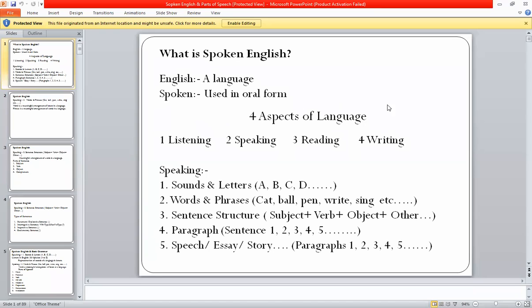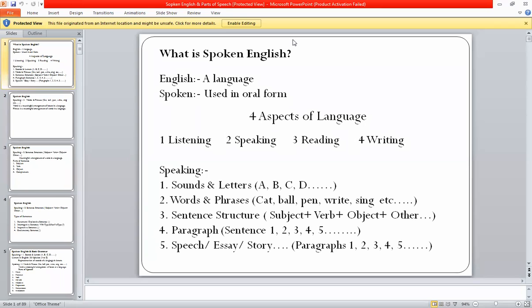Then let's discuss the four aspects of language. So what are the four aspects of language that we are going to study? The four aspects of language are listening, speaking, reading, and writing. These are called the four aspects of any language.